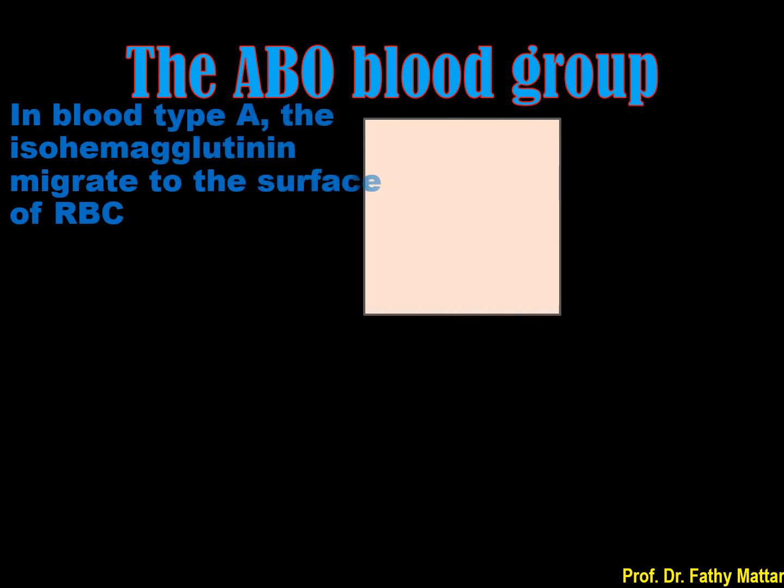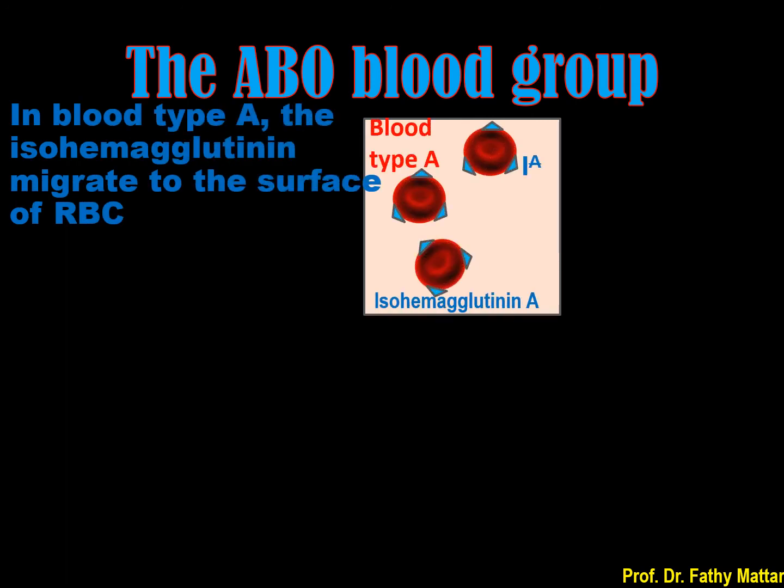If we look at blood type A, the isohemagglutinin A migrates to the surface of RBCs. In this case, the serum will contain anti-B, not anti-A. Otherwise, if there is anti-A, it will be clotted. So only anti-B. That's why if the cell from B enters here, they will be clotted.